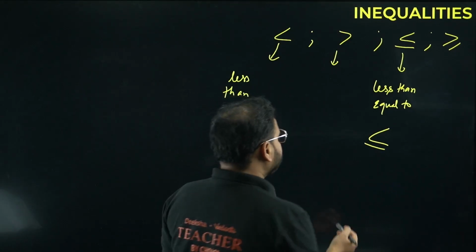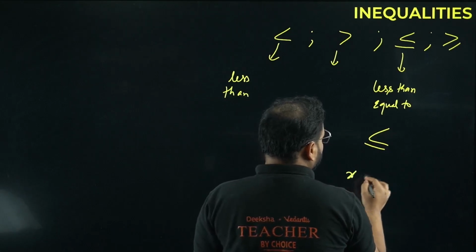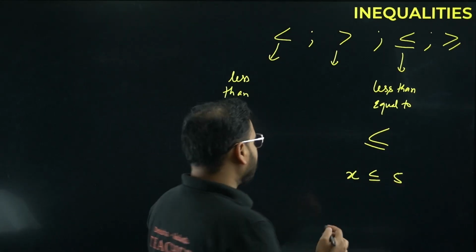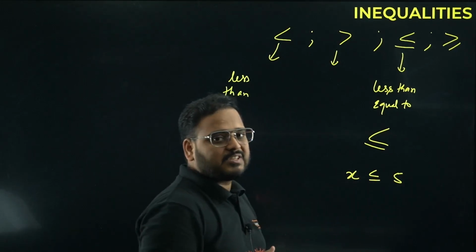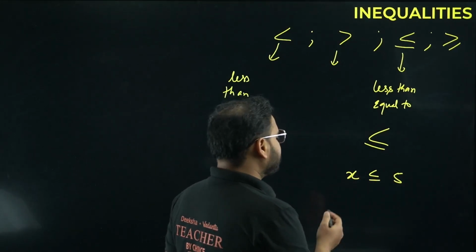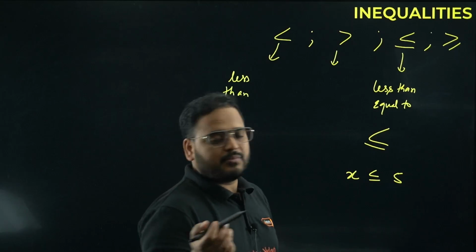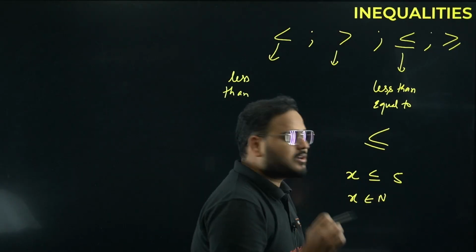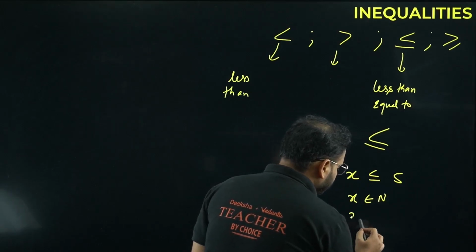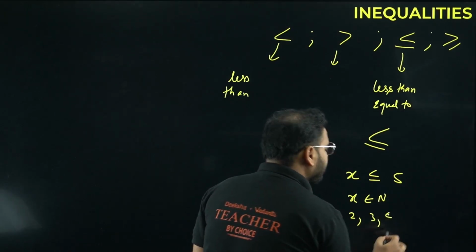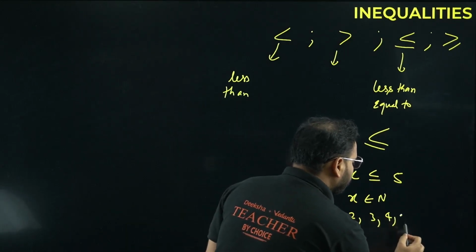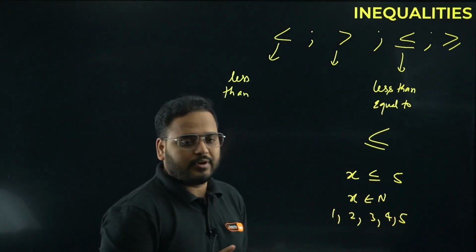For example, if I write a variable x less than or equal to 5, it means all the values of x less than 5. If x is only natural numbers, then I can say 1, 2, 3, 4, all numbers less than 5, and also 5 because of the presence of equality over here, less than and equal to.